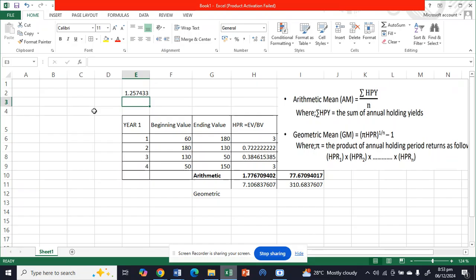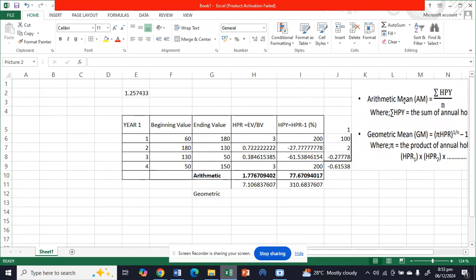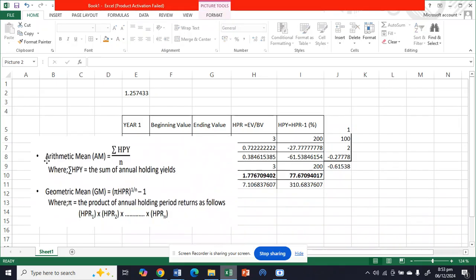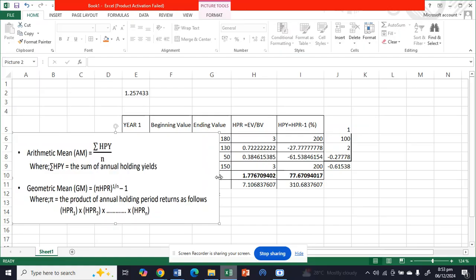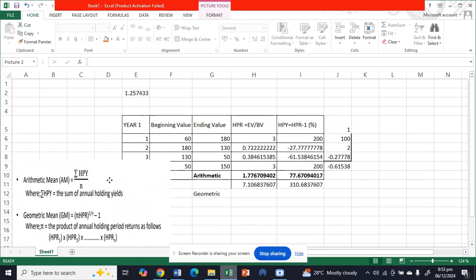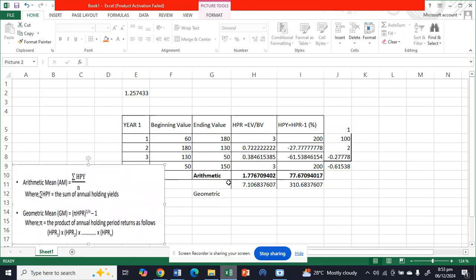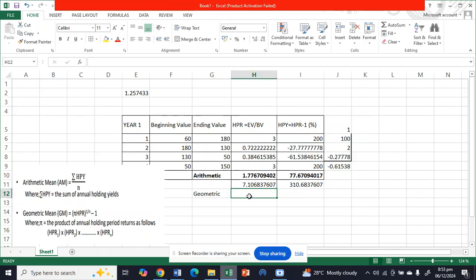Yes, 1.257. Then this 1.257, we subtract 1.